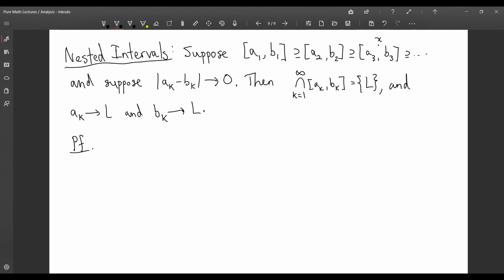So let's get into the proof of this. We will start with epsilon greater than 0.